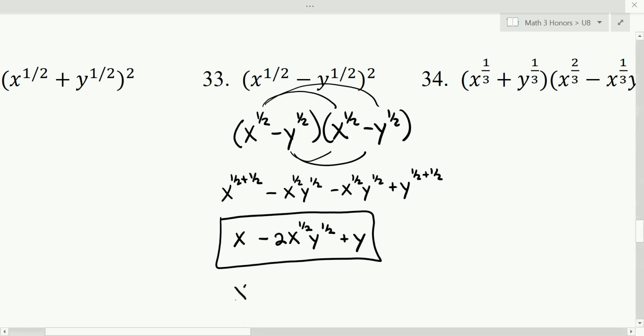I would be okay with this. Here's another option. That is okay as well.